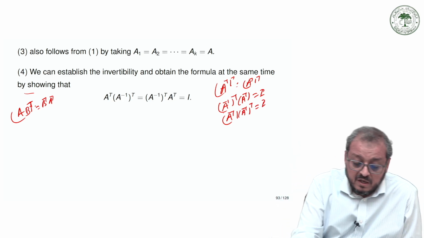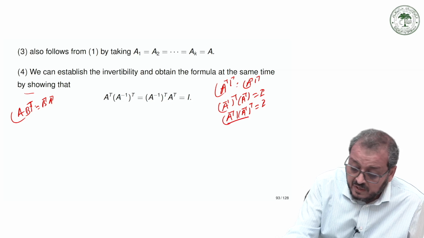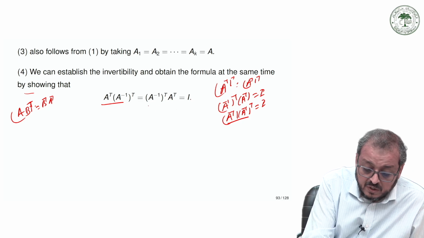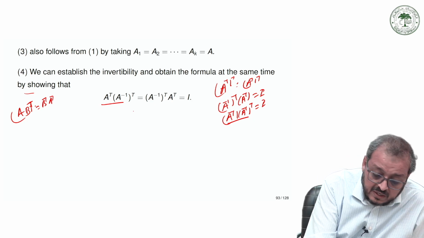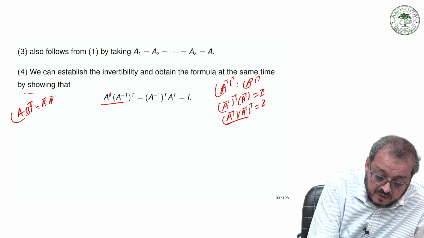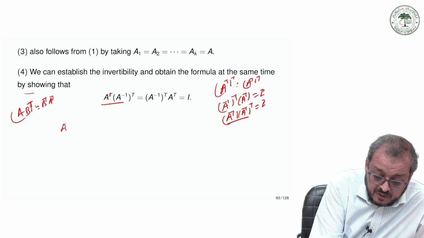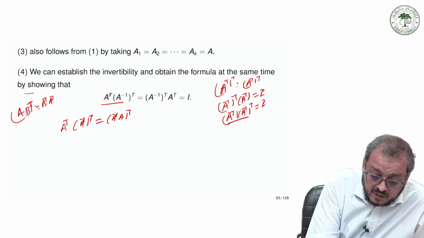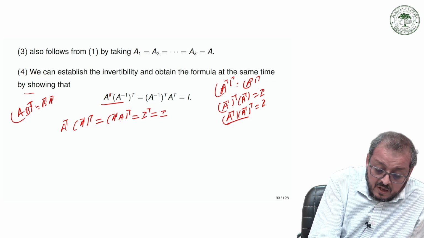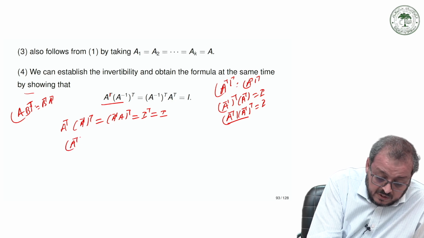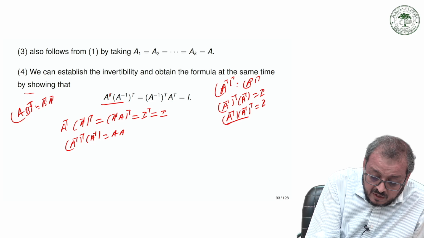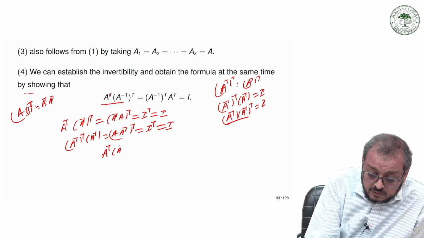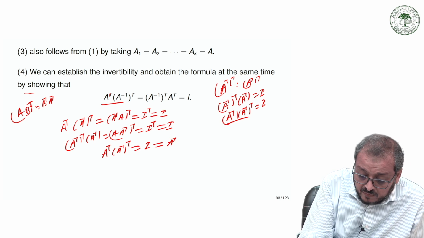By our definition, we start from a transpose and (a inverse) transpose, which can be written as (a inverse a) transpose, which is identity transpose, equal to identity. Also we take (a inverse) transpose and a transpose, which can be written as (a a inverse) transpose, again identity transpose, equal to identity. So in both cases, a transpose times (a inverse) transpose is equal to identity, and also (a inverse) transpose times a transpose.